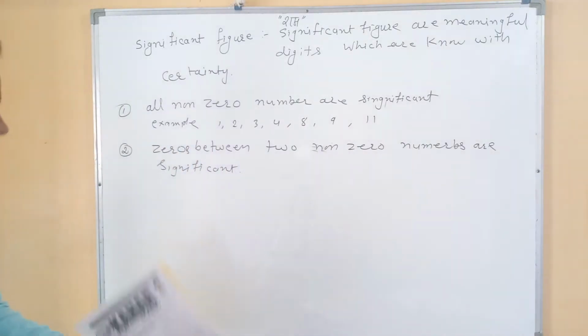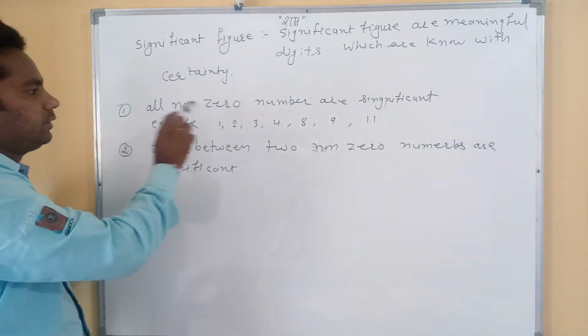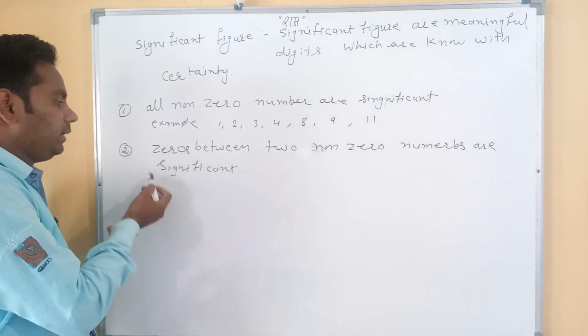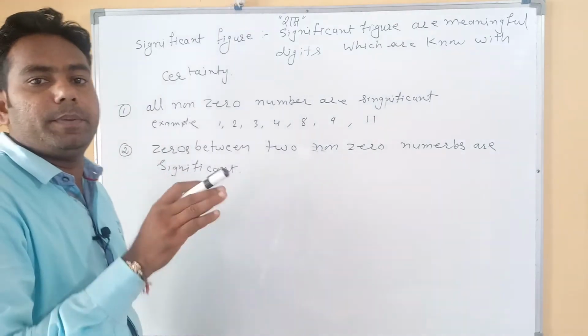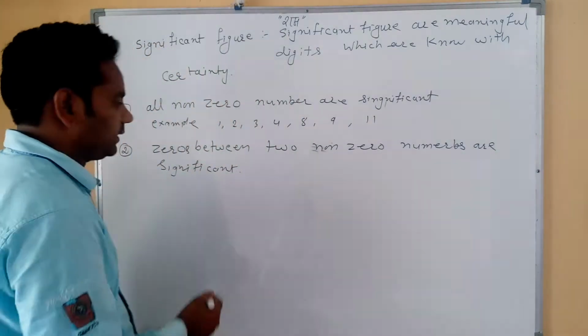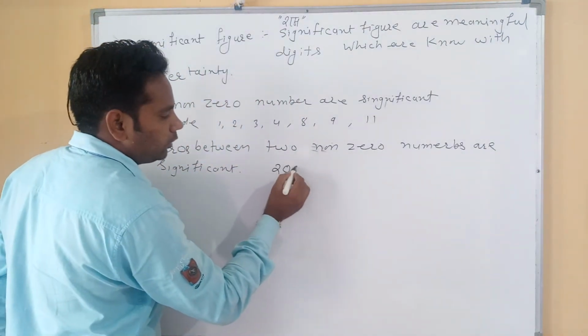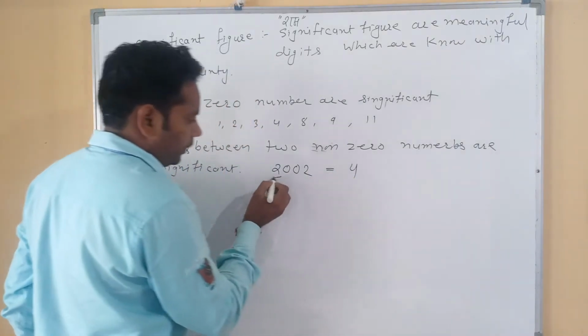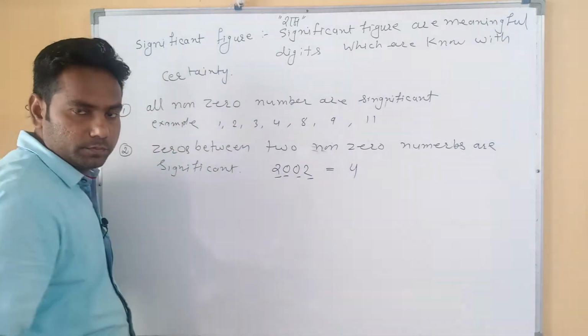Okay, here we leave the zero. All non-zero numbers are significant, but if zero is present between two non-zero numbers, it's also significant. Like that, 2002. Here total significant number is 4: 1, 2, 3, 4. Clear?